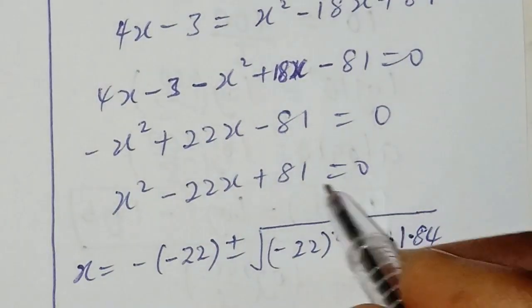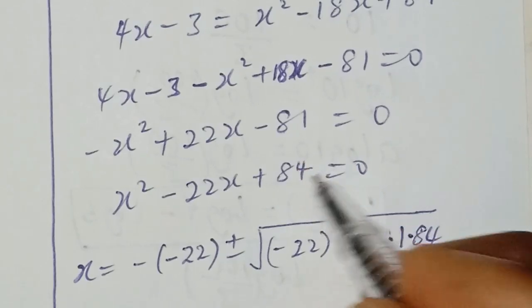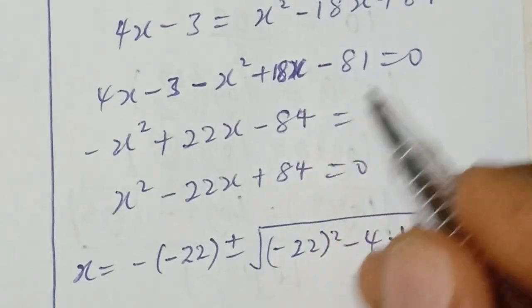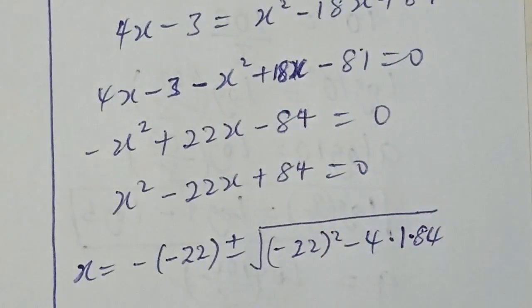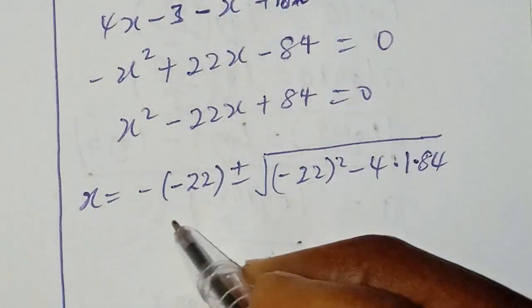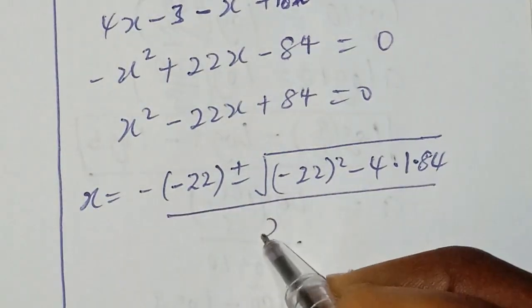So don't forget, this is supposed to be 84. Okay, so we have all over 2.